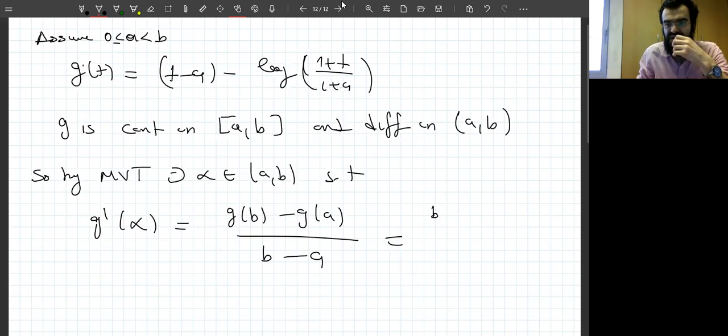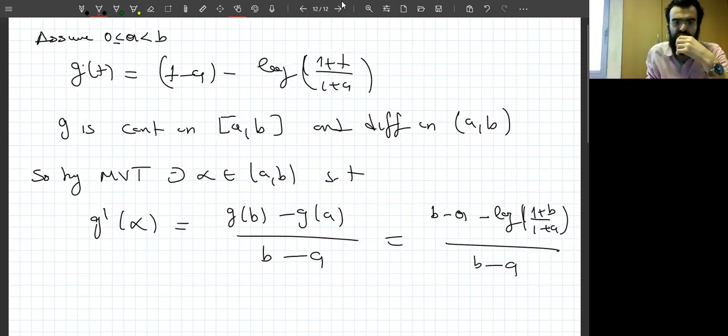This is b minus a, minus logarithm (1 plus a) over b minus a. So g prime of alpha is clearly 1 minus... what's the derivative of the logarithm?